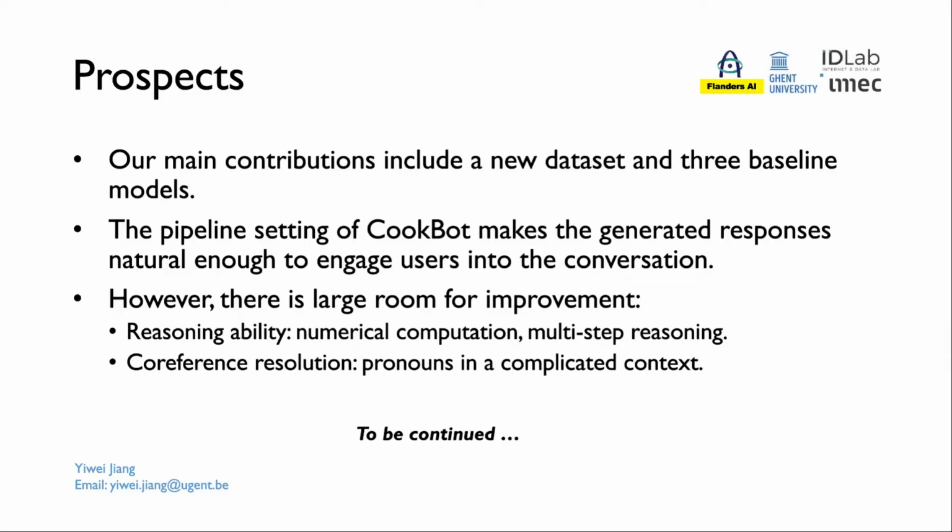However, as I mentioned, there is still a large room for improvement in terms of the reasoning ability, like numerical computation and multi-step reasoning over the long dialogue context. We also found that the CookBot doesn't have a good performance in coreference resolution, so we still have a lot of work to do.